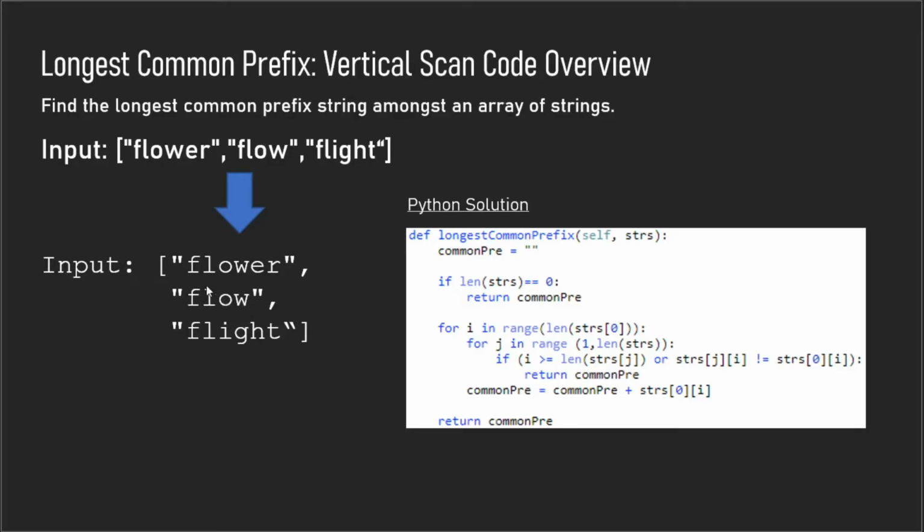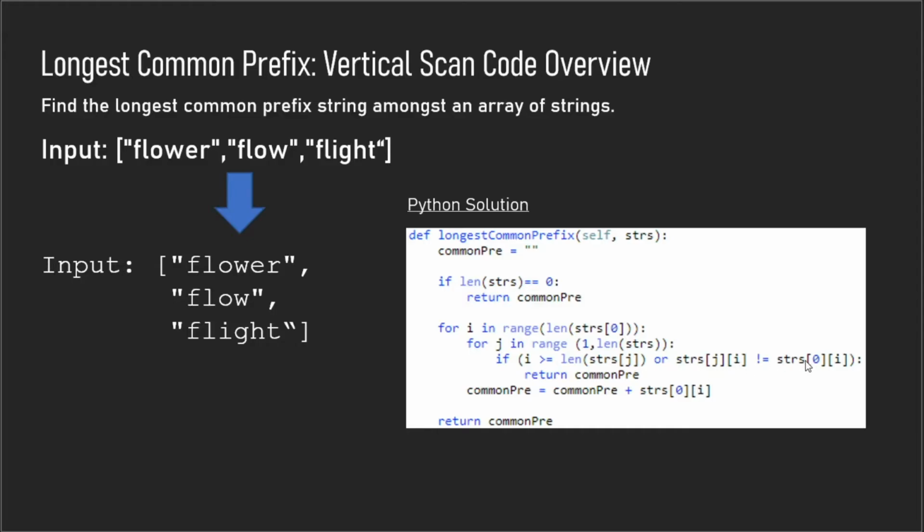In some cases, some words are going to be shorter than others, and you're going to get to the end of that shortest word, in which case you've already found your common prefix, and continuing on wouldn't give you a better or longer common prefix, so we just return our common prefix. That's why we have this return common prefix here.